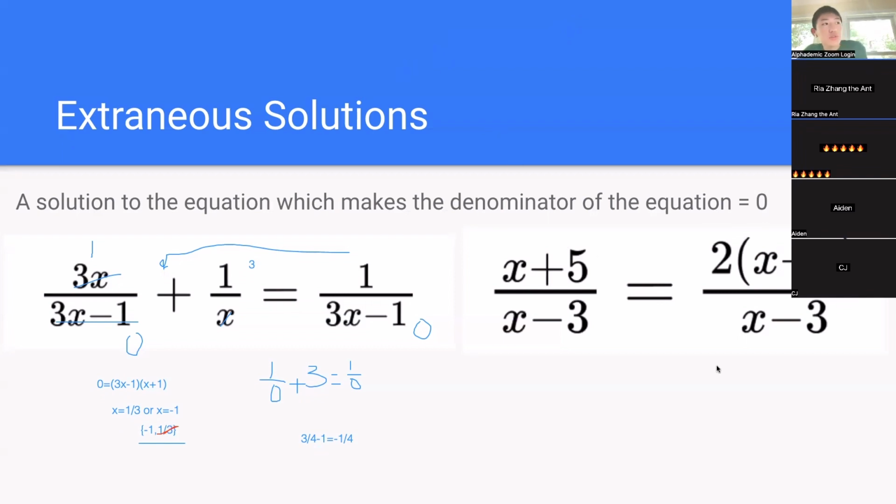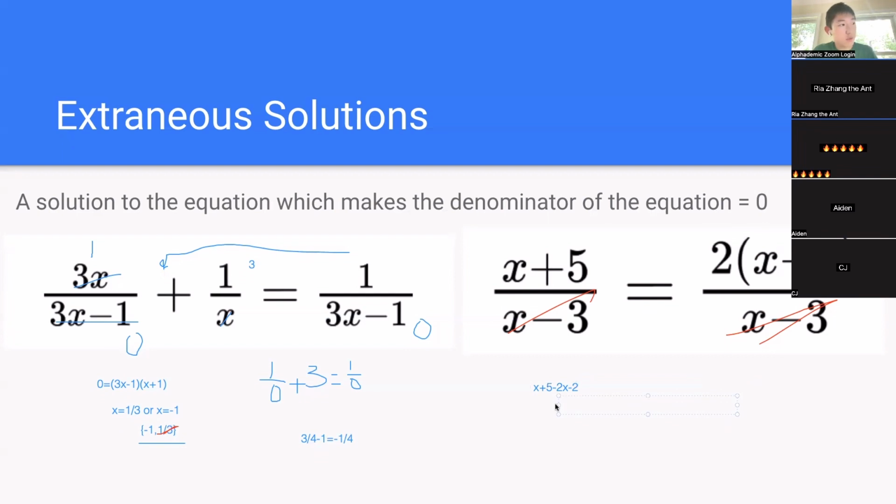So for question number 2, we can just simply take out the x minus 3 on both sides, because the denominator is the same for both fractions, we can just cancel that out very easily. And then in the equation, we are just left with x plus 5 minus 2x minus 2 equals 0, of course.